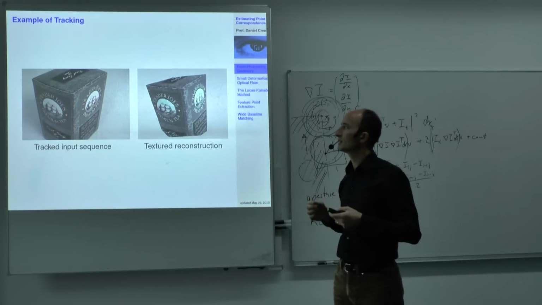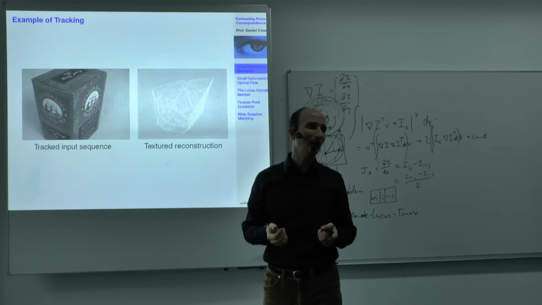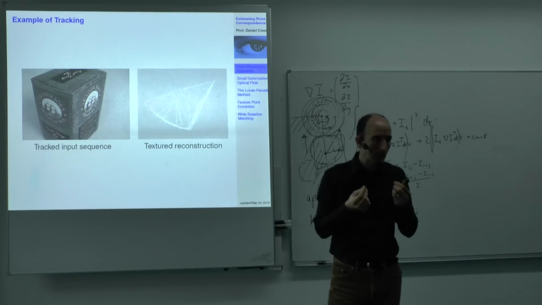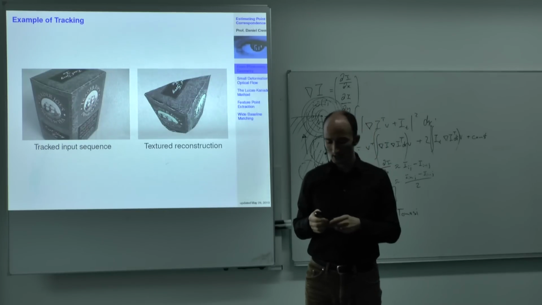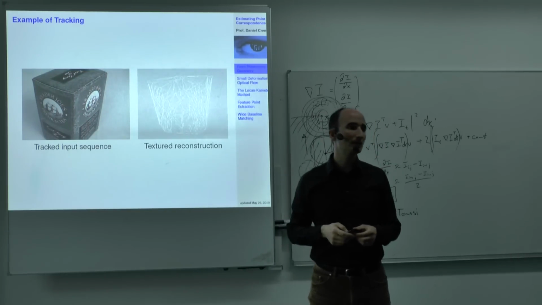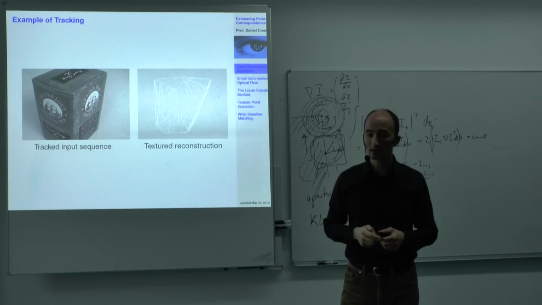How much drift there is depends again on how challenging the sequence is, on how well your implementation works. You try to minimize the drift, but this is not trivial. It's a difficult problem.